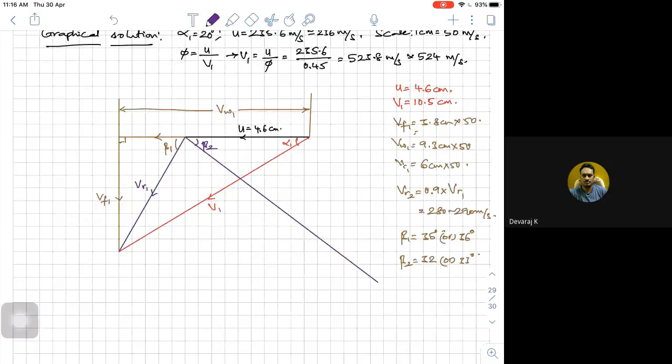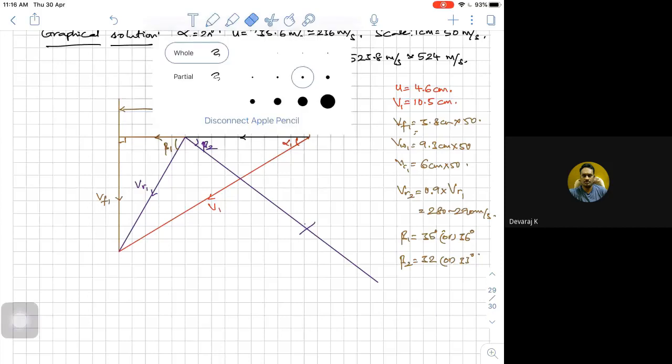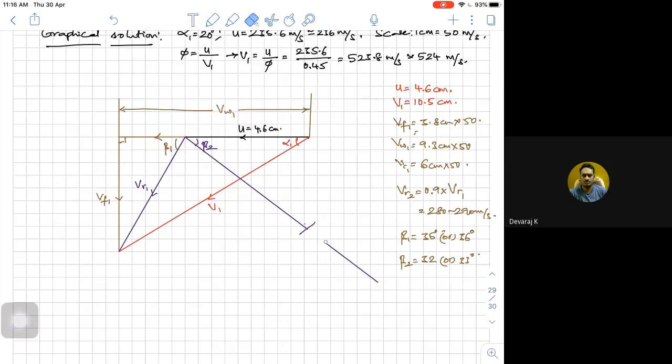You take this VR2, that is equal to 280, so that is 5 point something centimeters, and cut it. Once you cut it, you got the point.